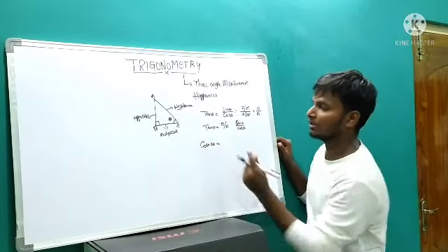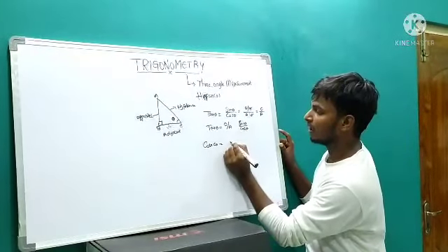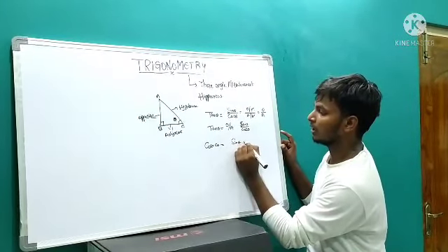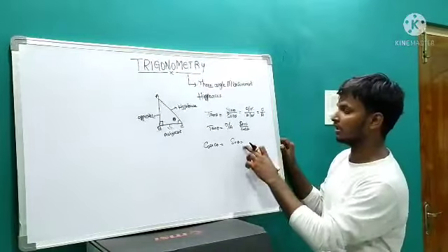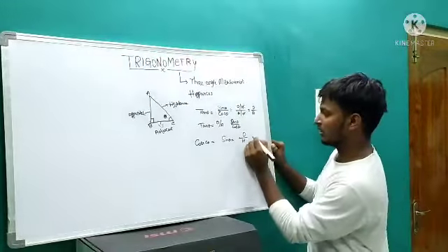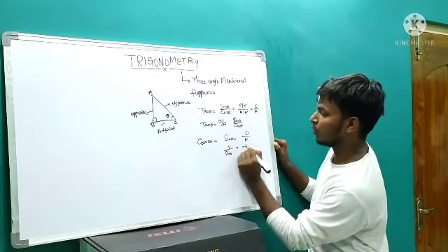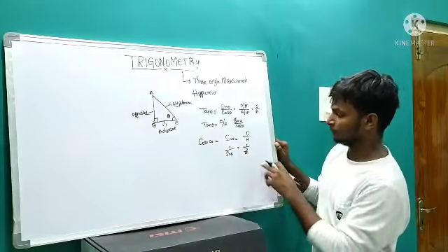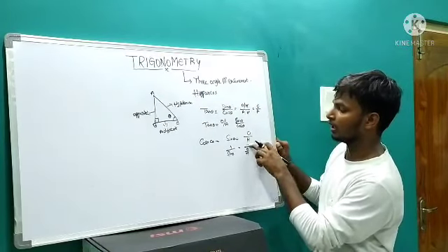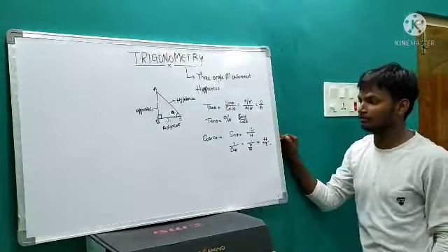Similarly, cosecant theta. Cosecant theta is nothing but the reciprocal of sin theta. What is the formula of sin theta? Sin theta is opposite by hypotenuse. Reciprocal means 1 by sin theta, which is 1 by O by H. H will become the numerator and the formula will be hypotenuse by opposite.